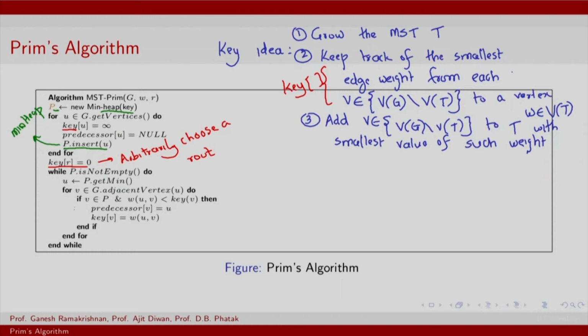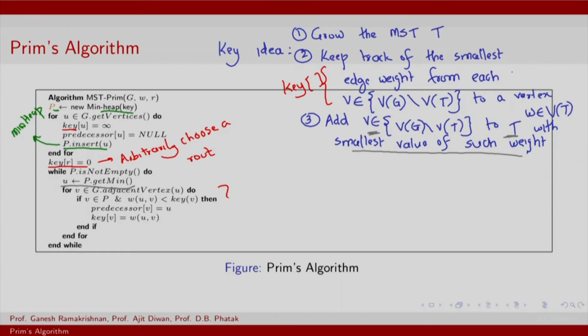So now you iterate over this min heap, get the smallest element from the min heap, and that corresponds to step number 3, add vertex V to T with the smallest value of such a weight, and that is exactly what we do here. However, once we have identified the next node to add, and initially you will actually add root R, you are also going to update the key values for vertices that are adjacent to it.